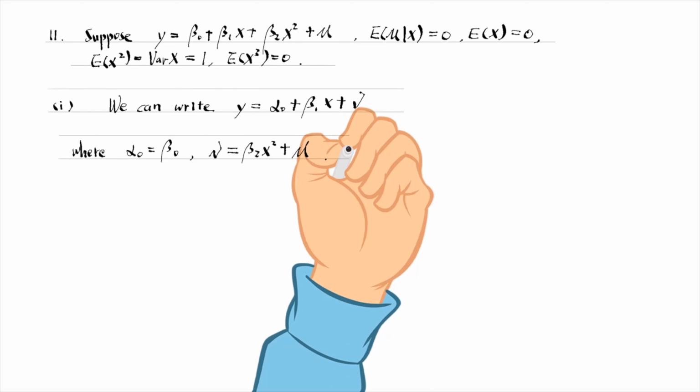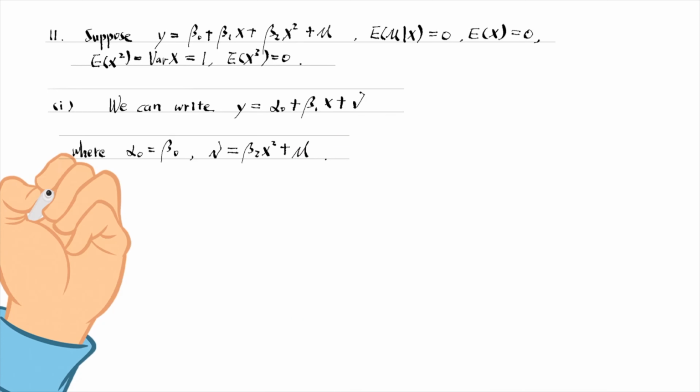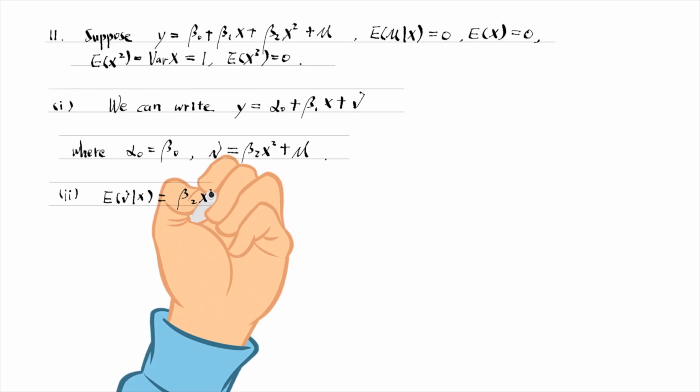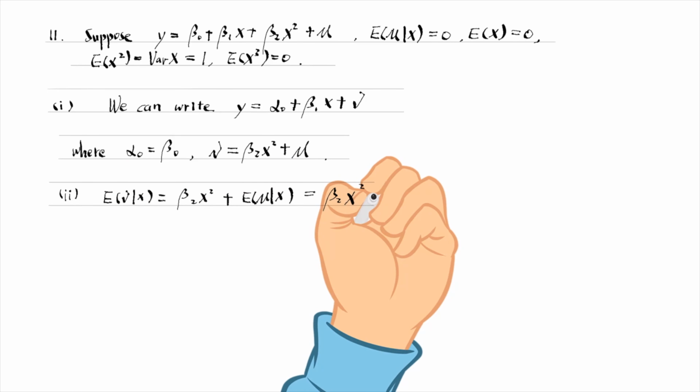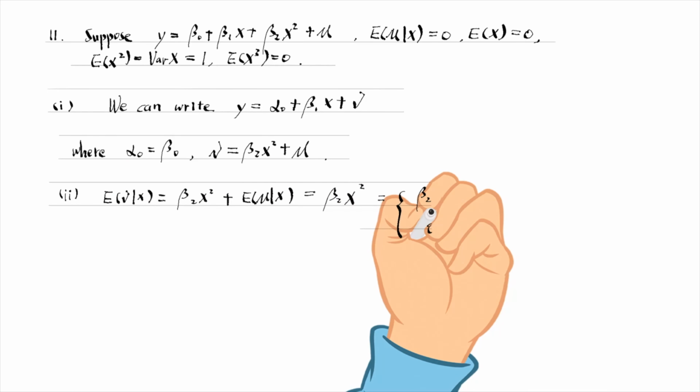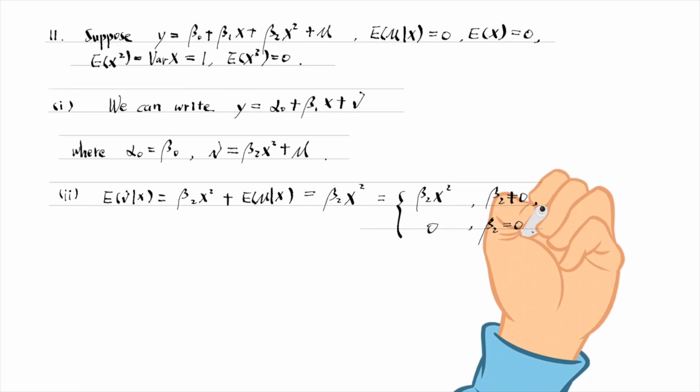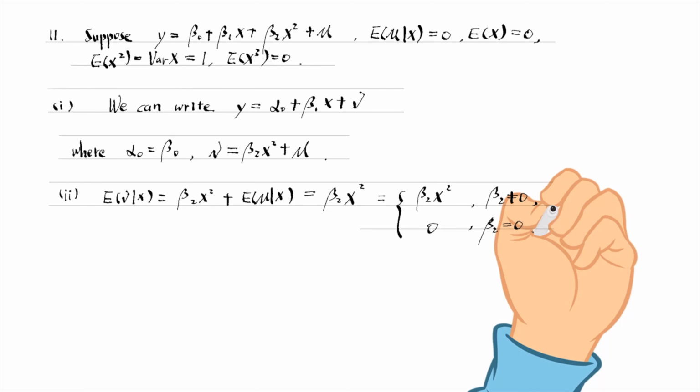The new error term nu equals beta 2 times x squared plus mu. In the second part, the expected value of nu equals beta 2 times x squared. It depends on x unless beta 2 equals 0. In that case, the expected value is 0.